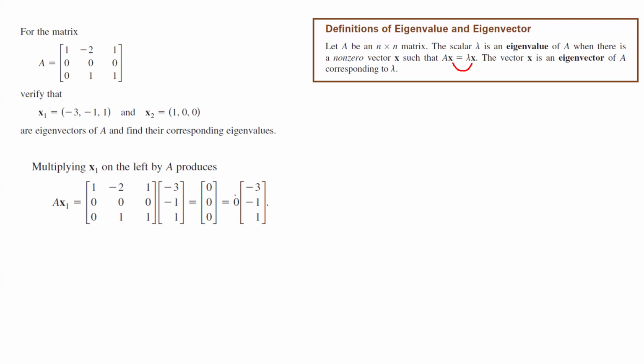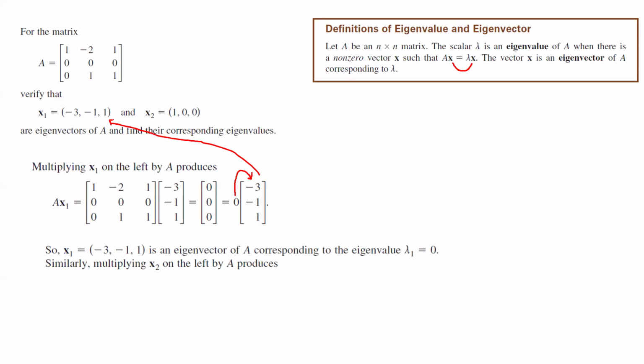So if you factor out 0, you basically have 0 times the same vector. So the eigenvalue is equal to 0. The eigenvalue for the eigenvector negative 3, negative 1, and 1 is 0.